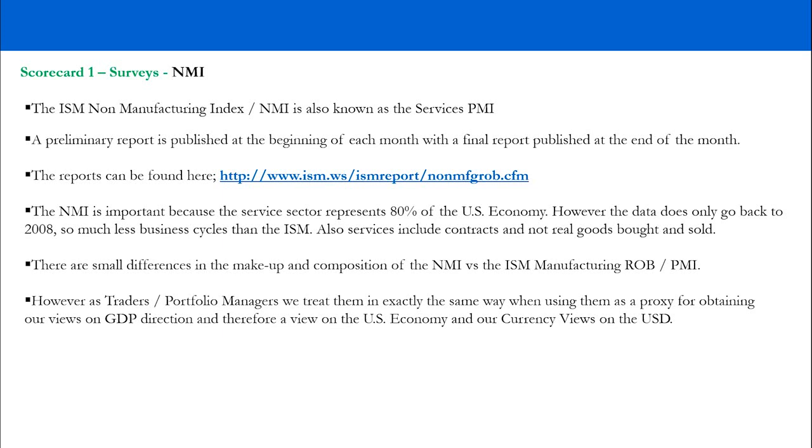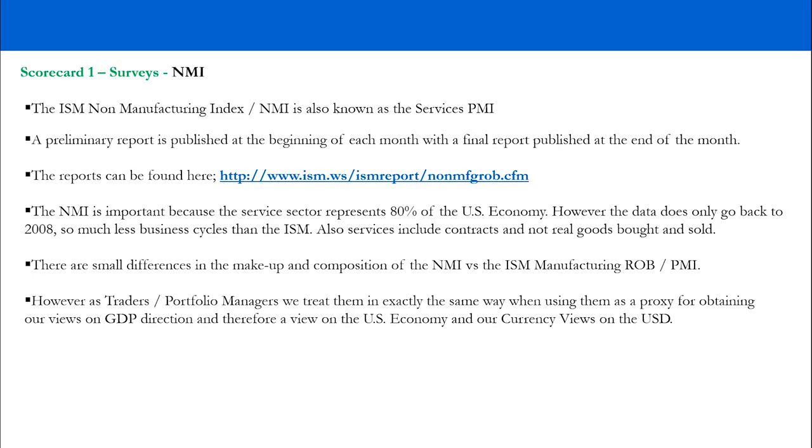Real goods bought and sold, because they're physical, represent the purchase and sale of real goods. So there are small differences in the makeup and composition of the NMI versus the ISM. But as traders and portfolio managers, we treat them pretty much in exactly the same way. We're using them to get a proxy for our views on GDP direction.